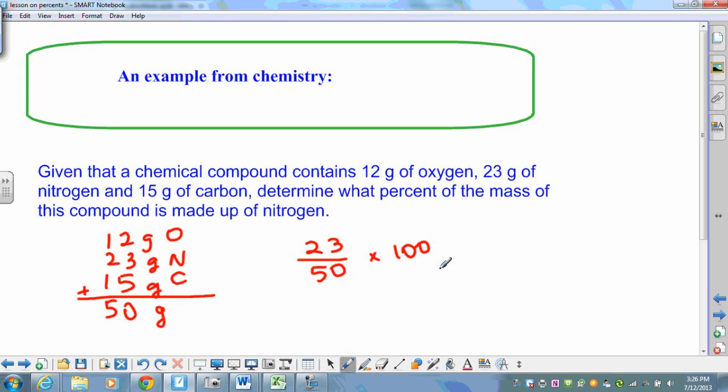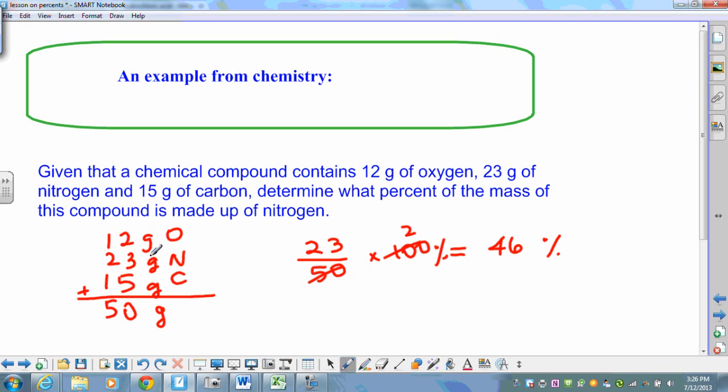This is just going to be a percentage, so let's simplify it. Again, there's a number of ways you could get a decimal, then multiply it by 100. But I can't resist, there's a nice simplification to be done here. 50 goes into 100 2 times, right? And then 2 times 23 is 46. So the answer is then 46%.